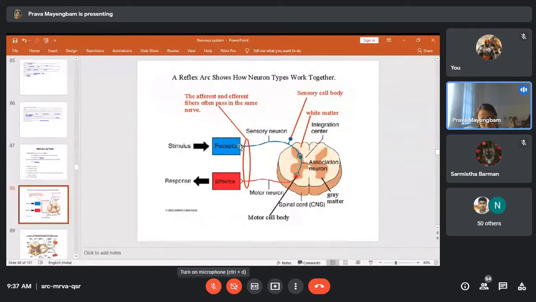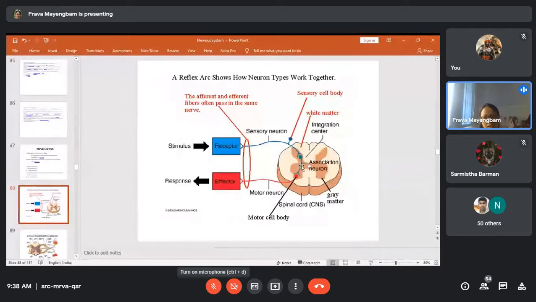It takes the message into the spinal tract and transmits its information to the association neuron, which is present in the gray matter of the spinal cord.